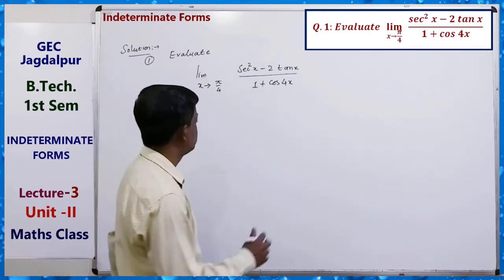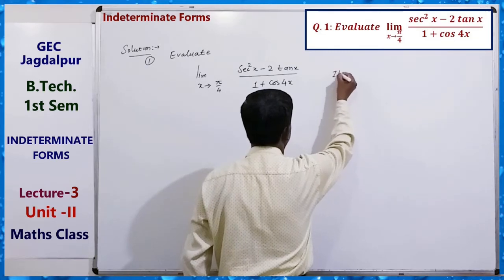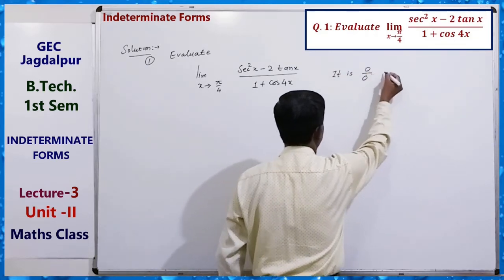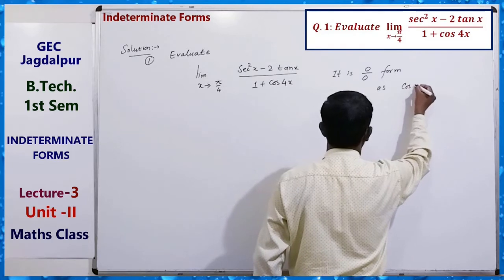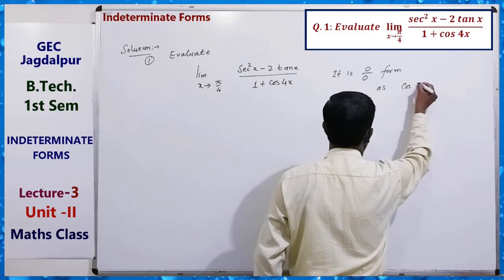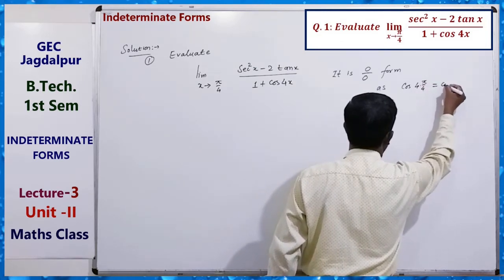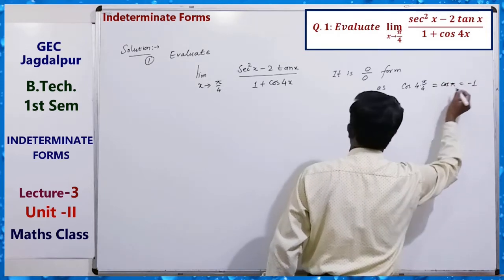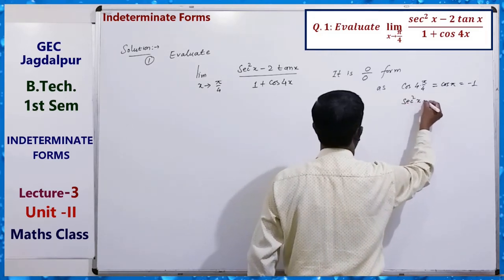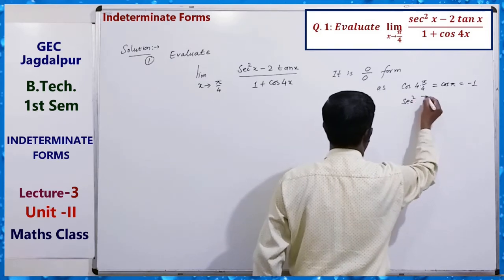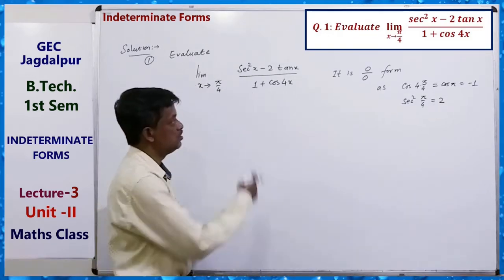So it is 0 by 0 form, as cos 4 pi by 4 equals cos pi equals minus 1 and sec square x at pi by 4 equals 2.